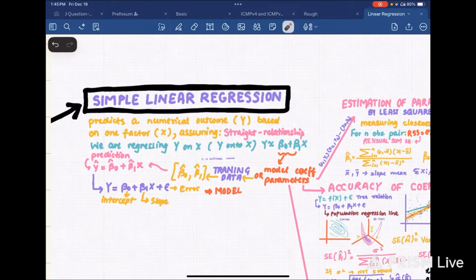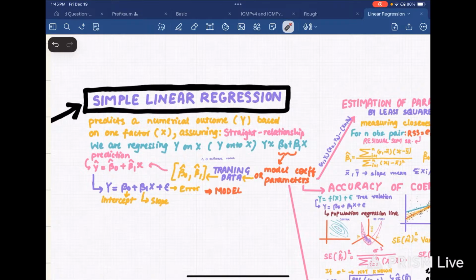So simple linear regression basically means that you are trying to do the regression here, and what regression means is that you are trying to fit a line. It could be a curved line, or it could be any kind of line you are trying to implement in some way.